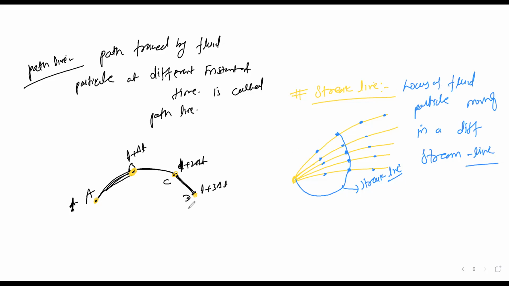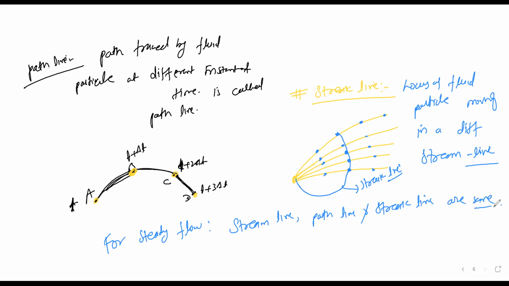One of the important points to remember is that for steady flow, streamline, path line and streak line are the same. It means there will be only one line, and all three are the same: stream, path and streak line.